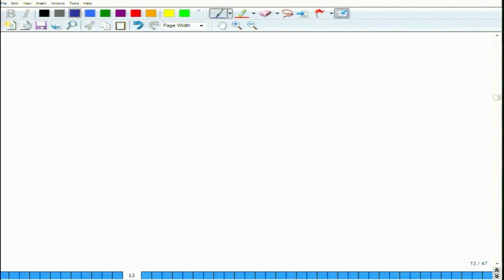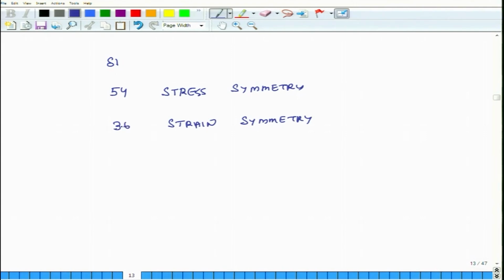So, what have we accomplished? Initially we started with 81 constants, then because of stress symmetry, the number of constants required is only 54, then because of strain symmetry, the number of constants required is only 36, and then because of strain energy, it is 21.